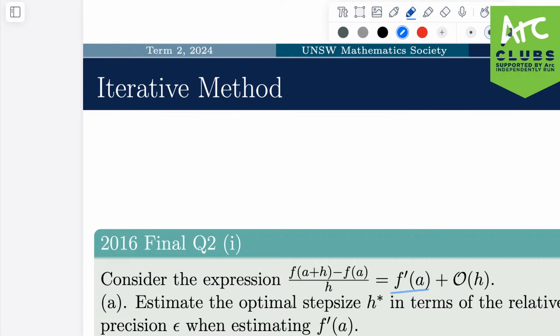To minimize any expression, we just want to take the derivative and let it equal to 0, right? So the relative error is big O of epsilon over H. And again, big O is just another expression of H, so I'm just going to let this equal C2 times epsilon over H. And I want to minimize my total error.